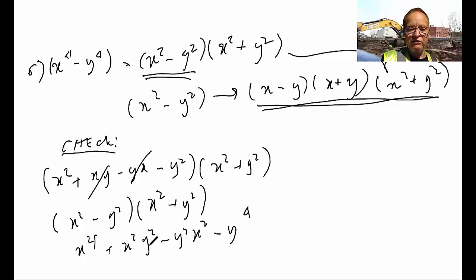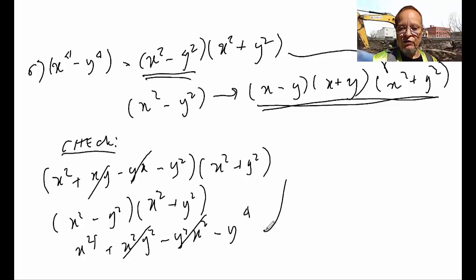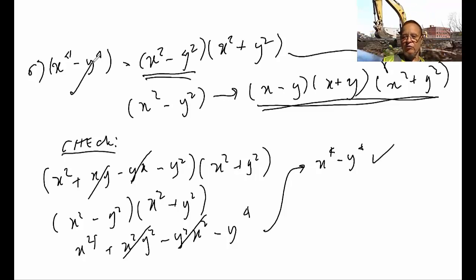And again, because these commute, they cancel out because they're opposite signs, but the same thing. And then we see that indeed that's x to the fourth minus y to the fourth, and indeed we factored it correctly.